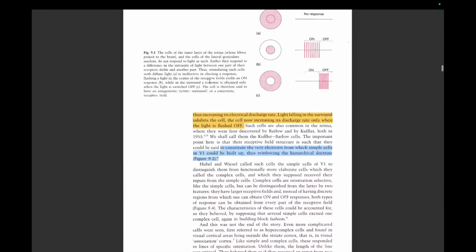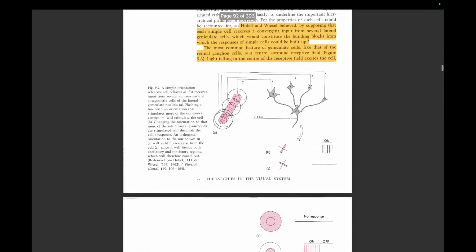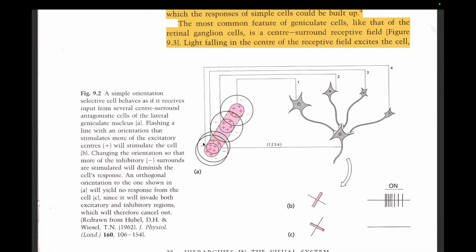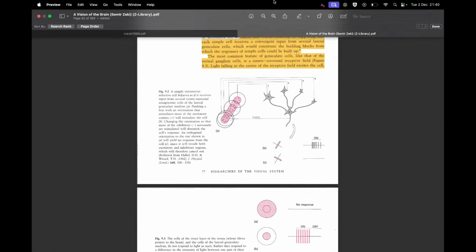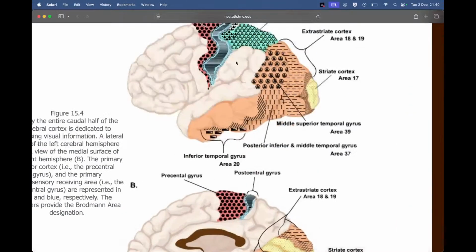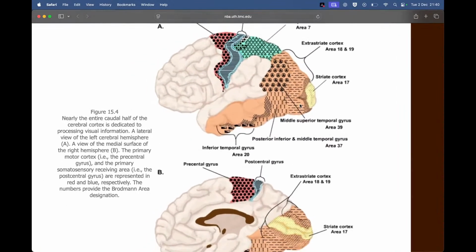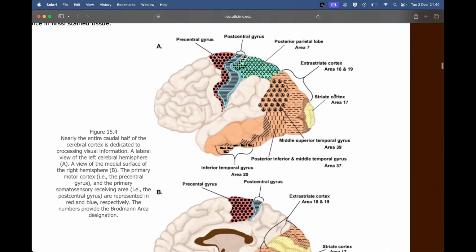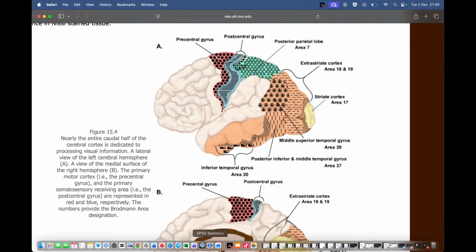Interesting. So all these cells come together here to eventually concentrate in this area over here. It's quite fascinating, this particular area here. As mentioned, this area, the striate cortex, is responsible for vision right here.